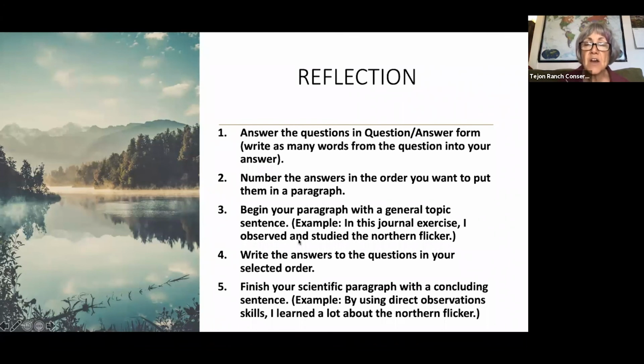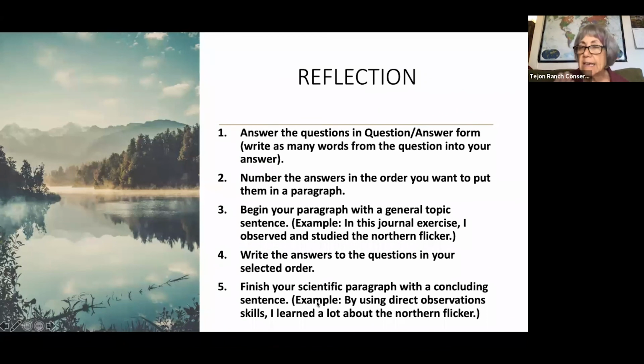Then begin your paragraph with a general sentence, something that introduces your topic. For example, you could say something as simple as, in this journal exercise, I observed and studied and then use your animal or your plant. In this case, I just wrote in northern flicker, which is a bird. Then you write the answers to your questions after you've done your topic sentence, putting them in the order you want them in, and then finish your paragraph with a concluding sentence.